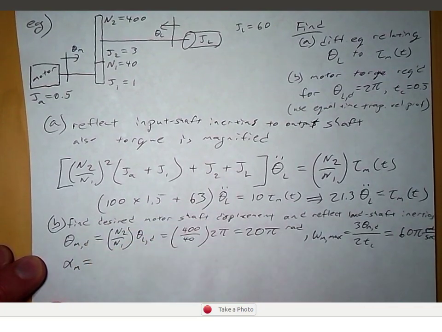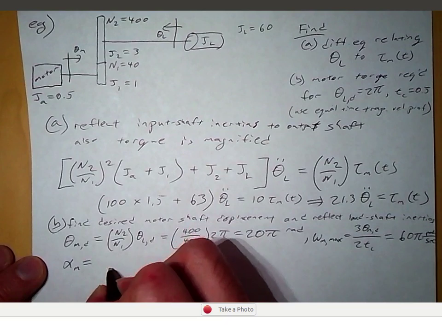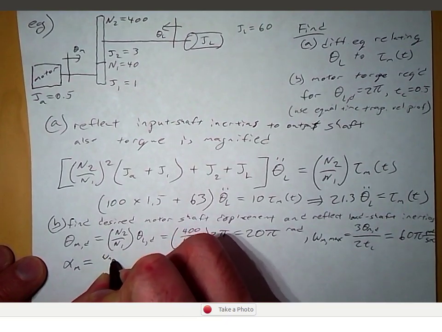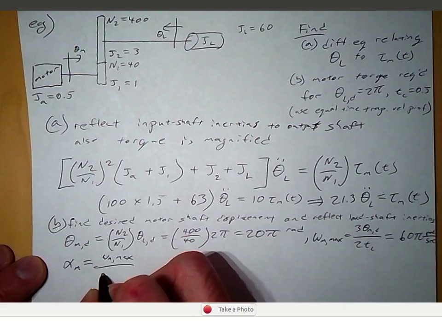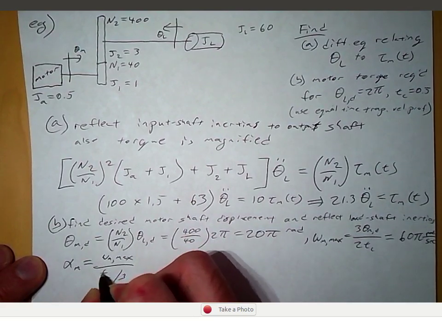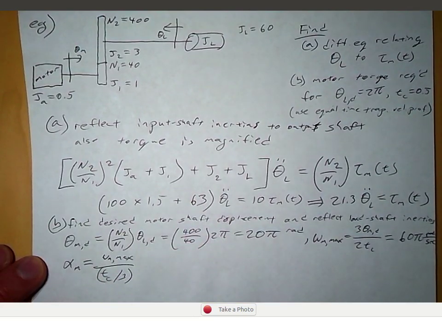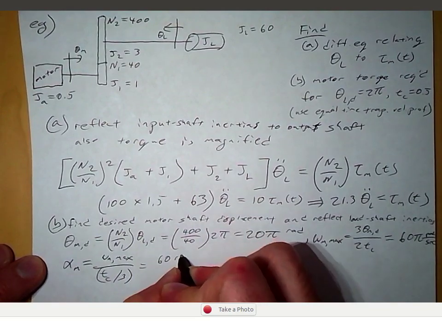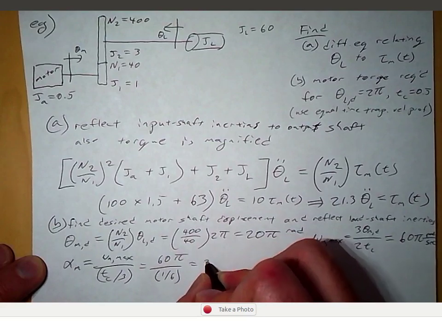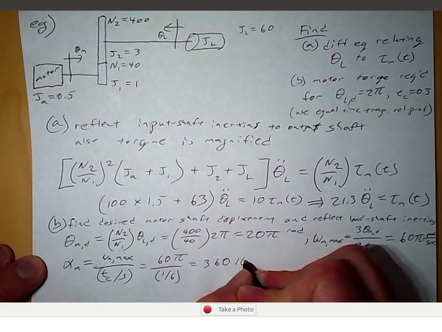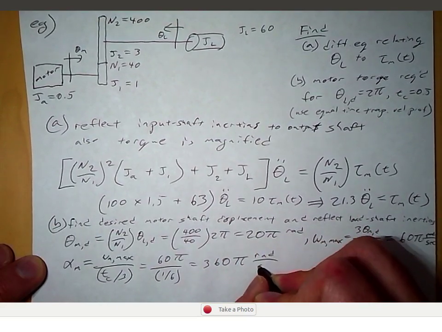So the acceleration is the change in speed. We go from stop up to omega m max divided by the change in time. Change in time is just tc over 3, since we're using an equal time trapezoidal velocity profile, which is 60 pi divided by 1 over 6. And that gives us an acceleration of 360 pi radians per second squared.